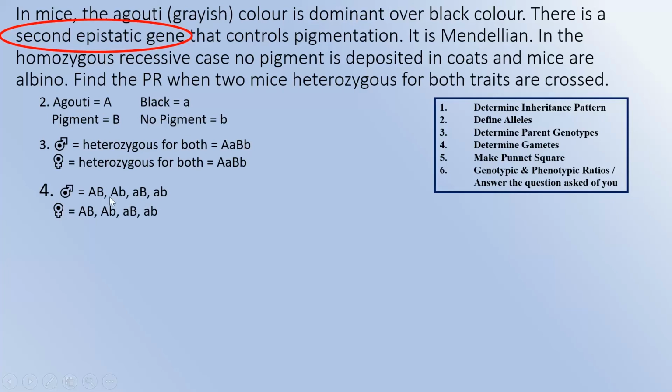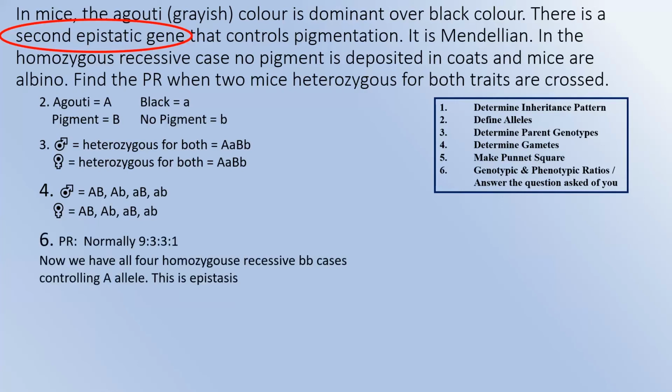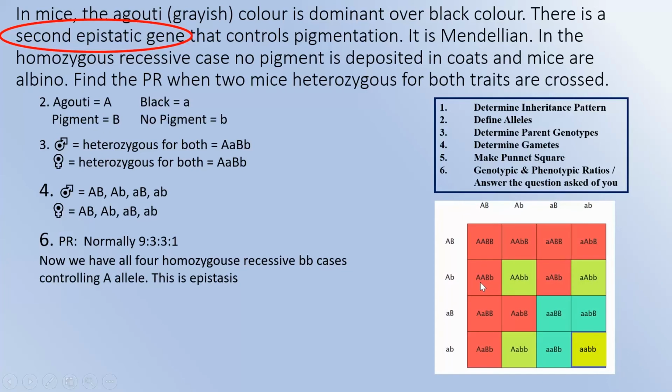This is all the same as the stuff we were doing on the last assignment in the normal dihybrid. The Punnett square is also going to work out the same. It's going to be your classic 9331 with a twist on how we read it.